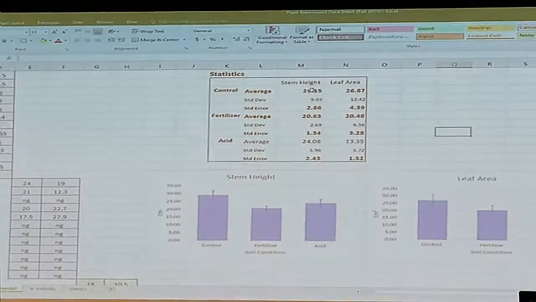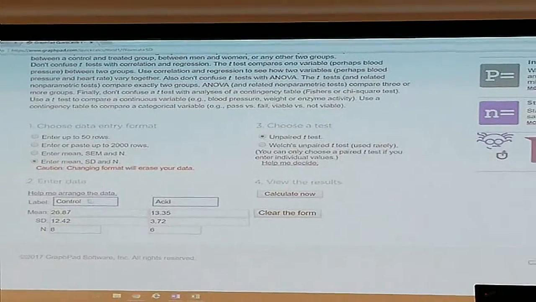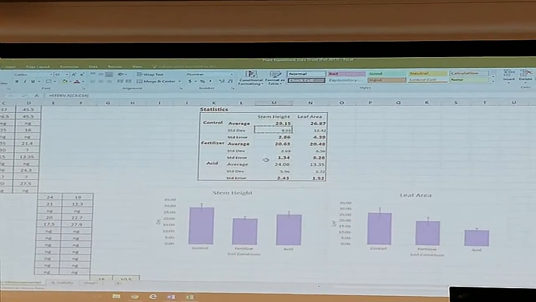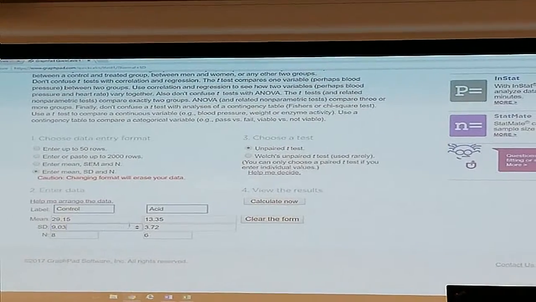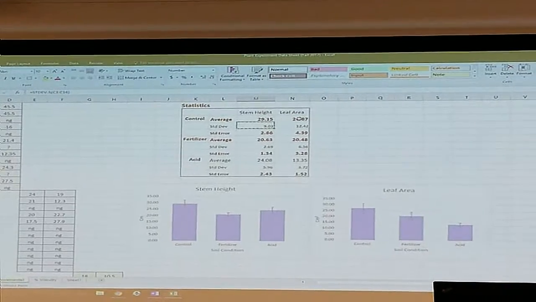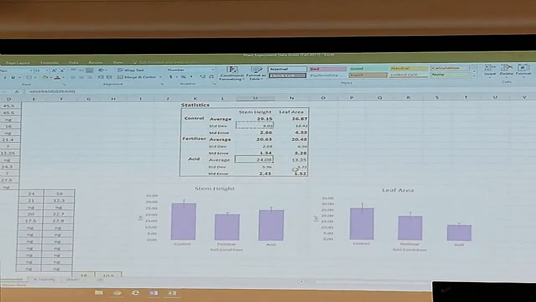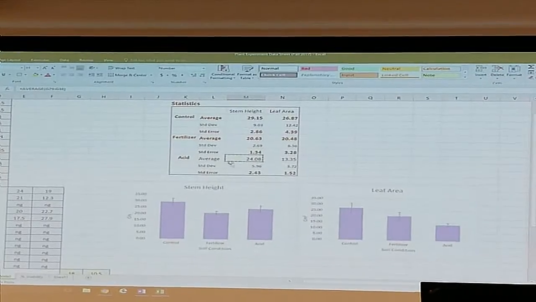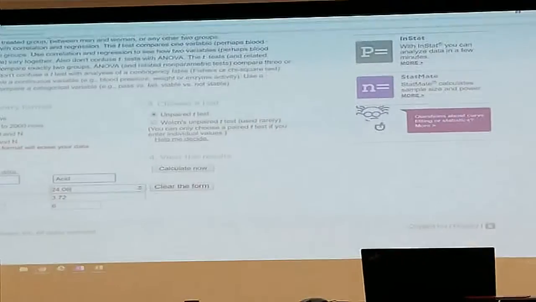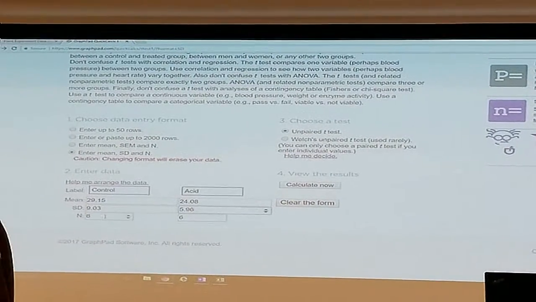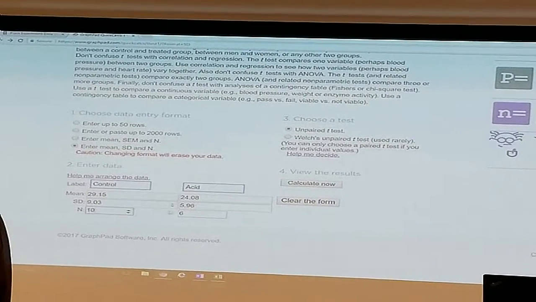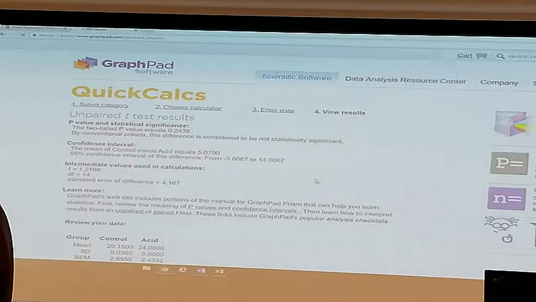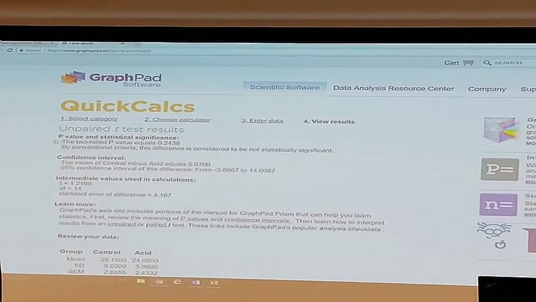The stem height was 29.15, and the standard deviation was 9.03. The acid group is 24.08, and standard deviation is 5.96. There's 10 plants in the acid group. Oh no, not even close.